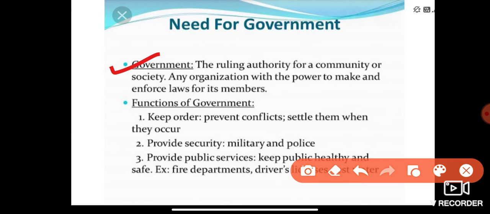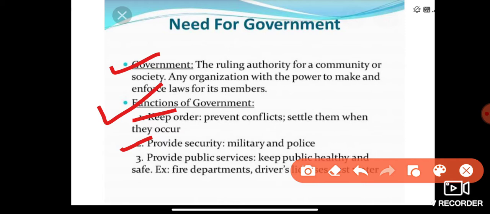And what are its functions? They keep order. They prevent conflict and settle them when they occur. Whenever a conflict arises between any organization, it is the government that keeps law and order, to prevent conflicts that occur between two parties or organizations. They also provide security, that is military and police forces.